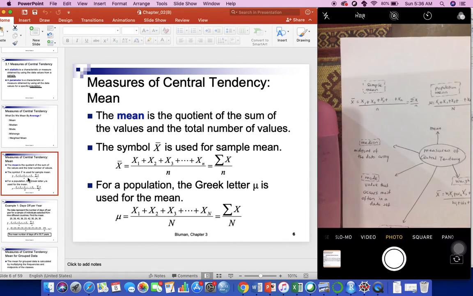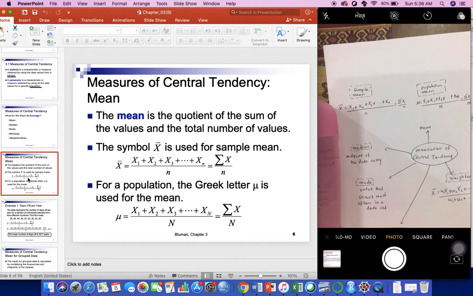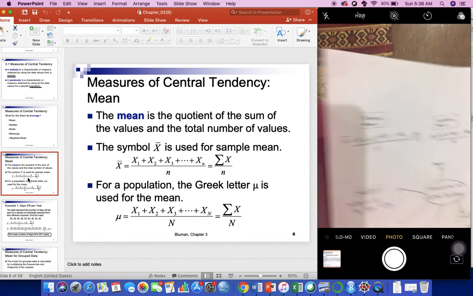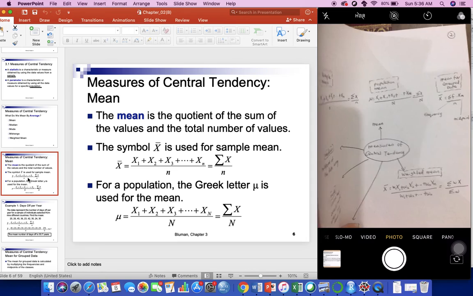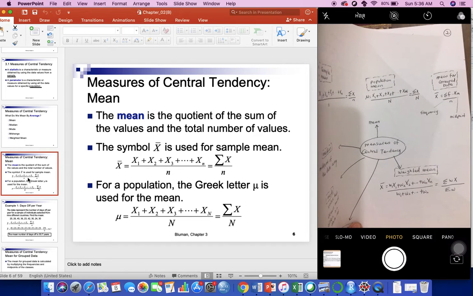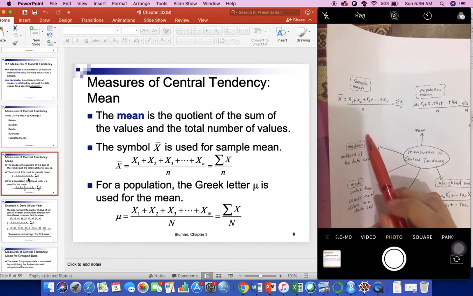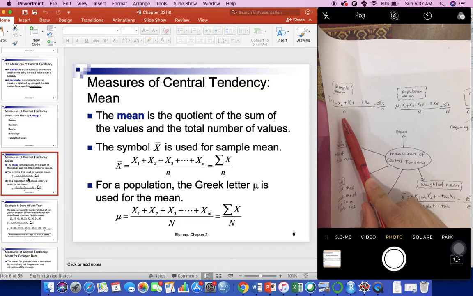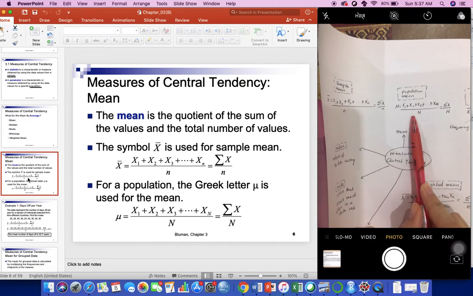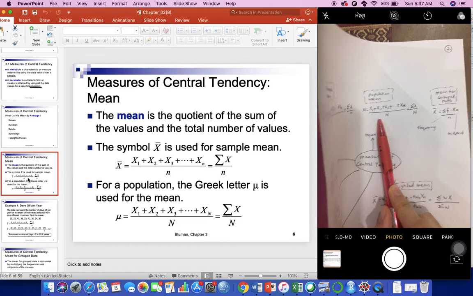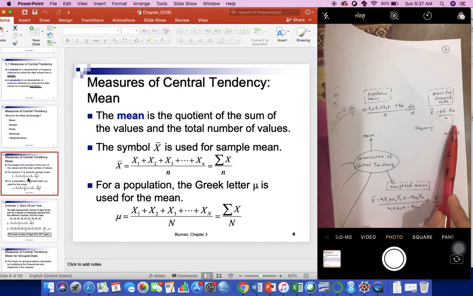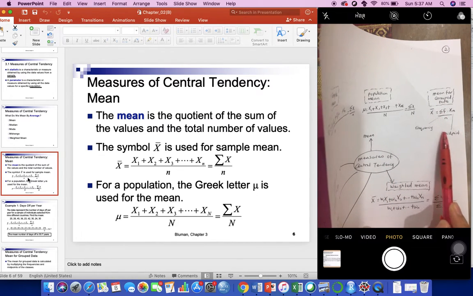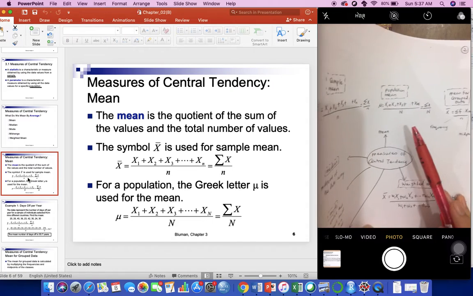look at the mean. We have 3 different formulas for the mean. The first one is the sample mean. You can see the difference between the formula for the sample mean, then the population mean, and the last one is the mean for grouped data.